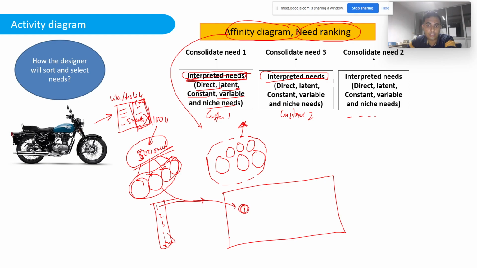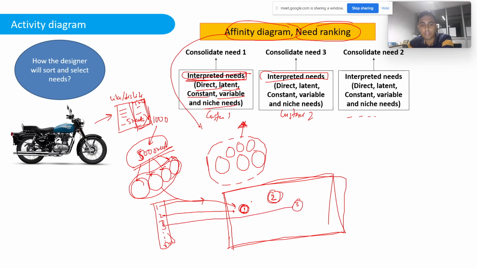You can use sticky notes, or you can use your writing boards also. Then for the next need statement, you see whether it links to the previous need. If it is not, you keep it separately. If you see a third need and think it is separate, then you keep it separately.